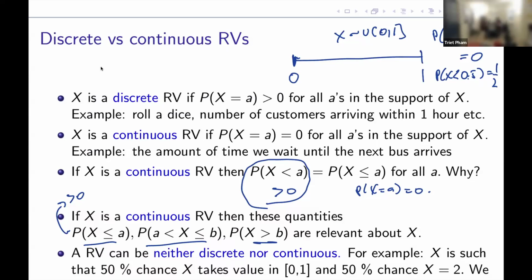The student doesn't believe so. The student thinks that it should not be 0 probability. And my response is simple. If the student goes to the bus station and the bus ever arrives exactly at the half-hour mark, whatever that means, I will buy the student lunch for the rest of the year.